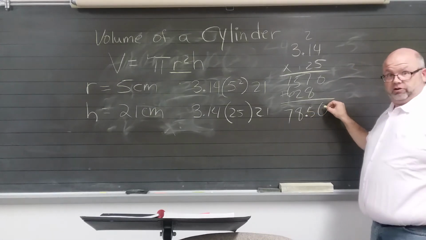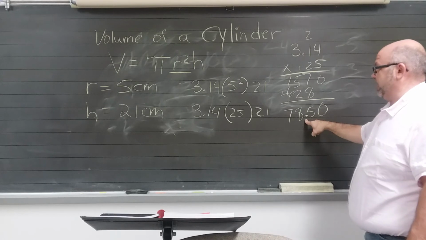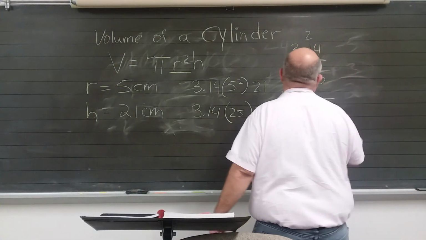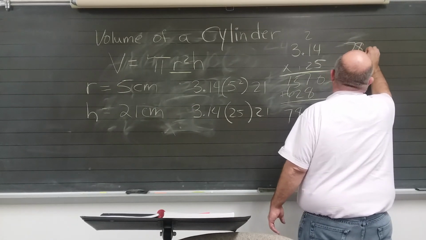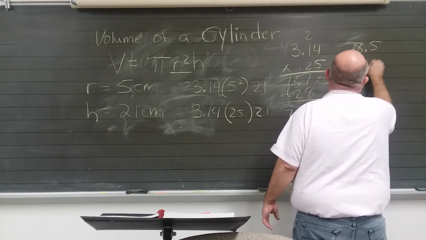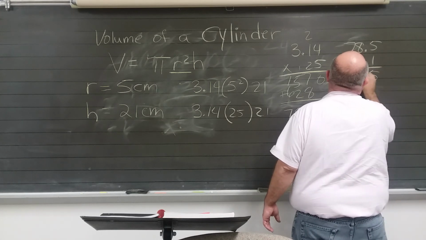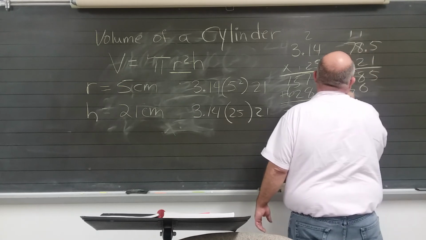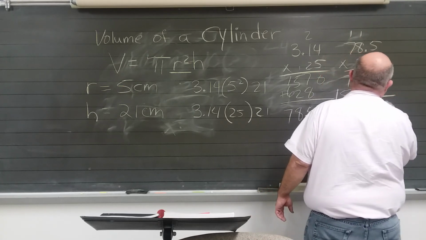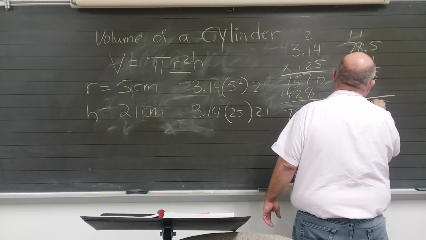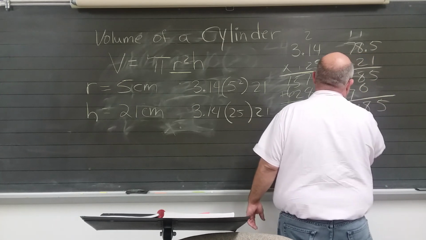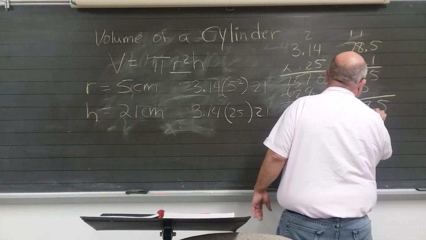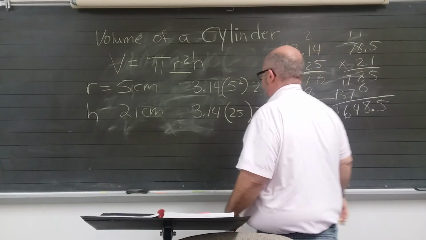You could drop that 0 if you like. 78.5 times 21 is 1,648.5. Decimal point, one place, proper label.